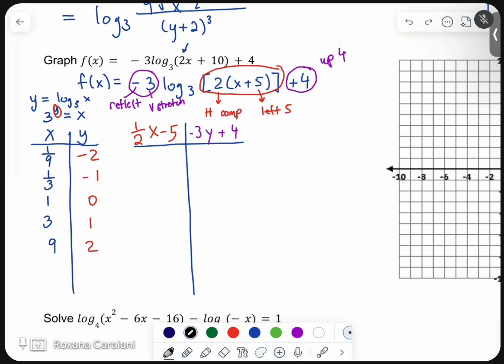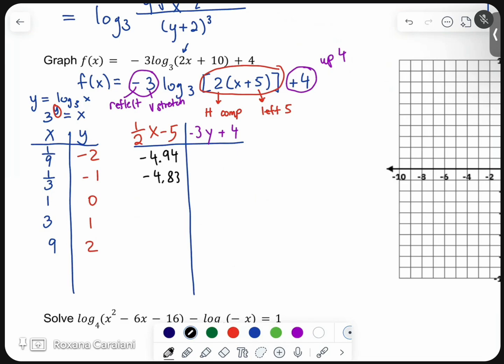Okay, so I'm going to do 1/2 times 1 over 9, subtract 5. And that's negative 4.94 repeated. Then 1/2 times a third minus 5 is negative 4.83 repeated.